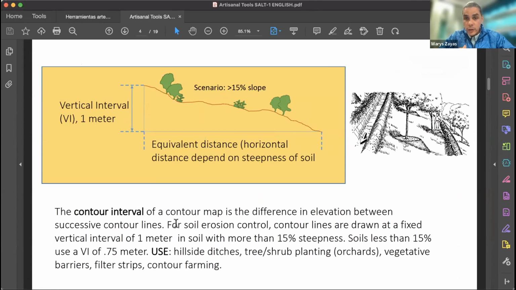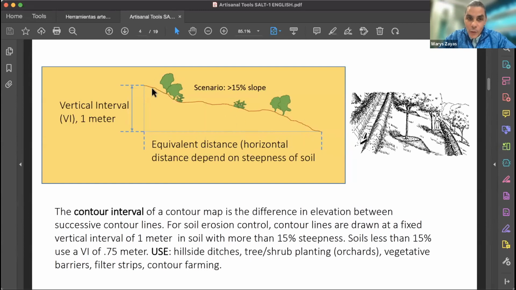For example, for soil erosion control, contour lines are drawn at a fixed vertical interval of 1 meter in soils with more than 15% of steepness, right? For soils under that, the horizontal distance in function of depth will be 0.75 meters, right?